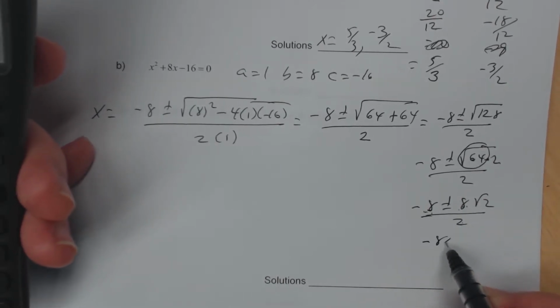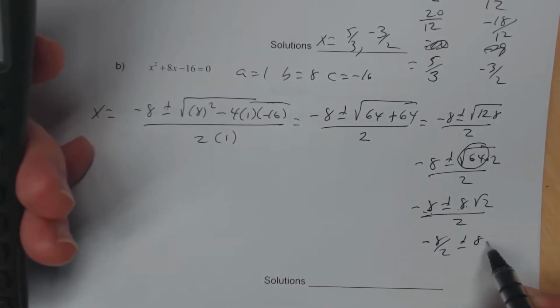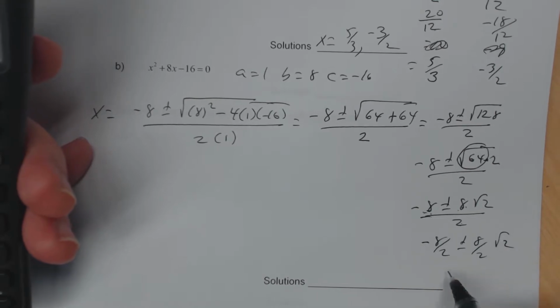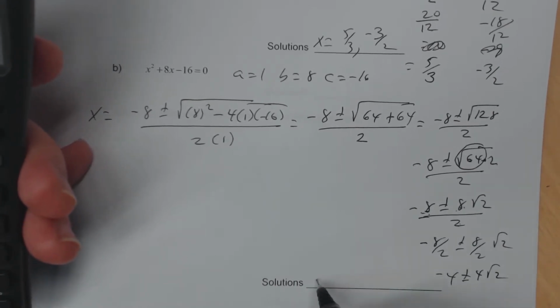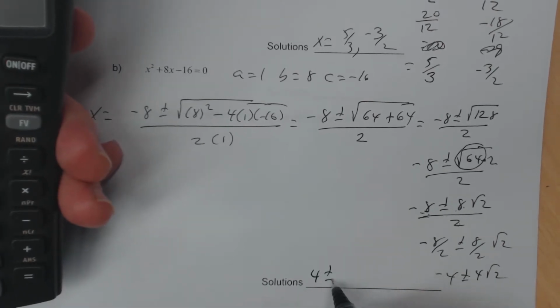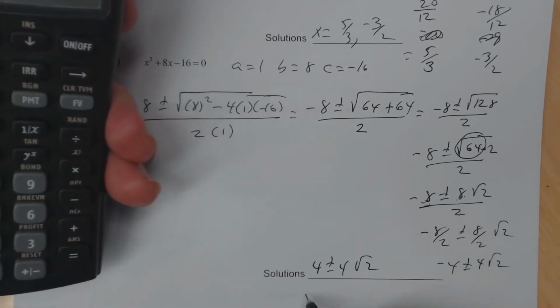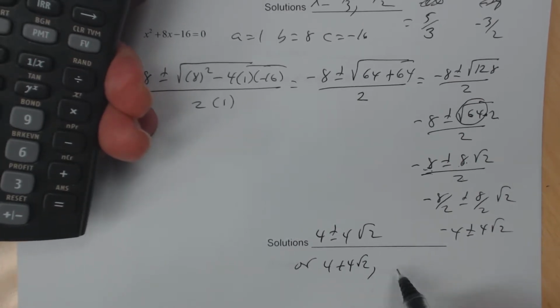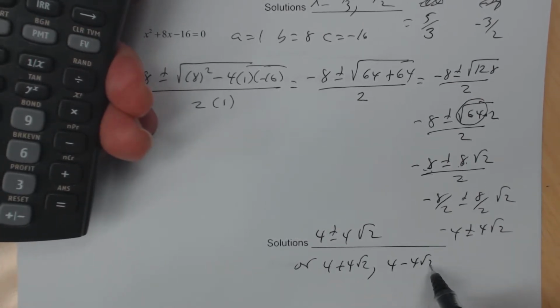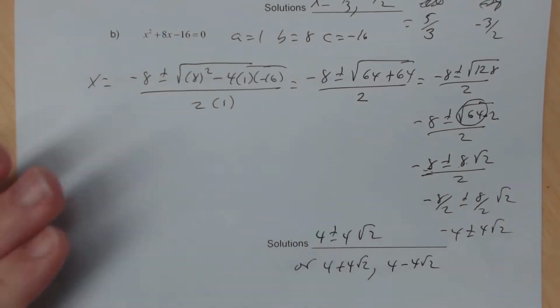So this really is negative 8 over 2 plus or minus 8 over 2 square root of 2. So that's negative 4 plus or minus 4 square root of 2. So that goes here. So negative 4 plus or minus 4 square root of 2. Or you could rewrite it as negative 4 plus 4 square root of 2, comma, negative 4 minus 4 square root of 2. Right, so either one's fine.